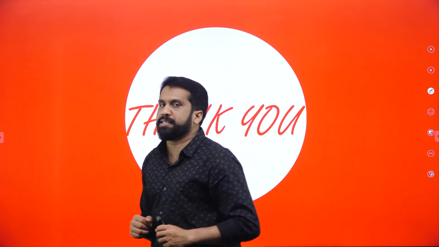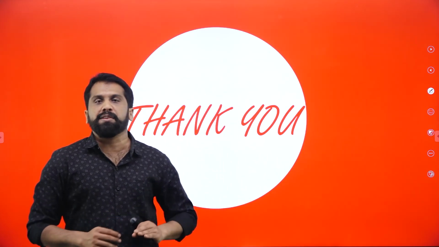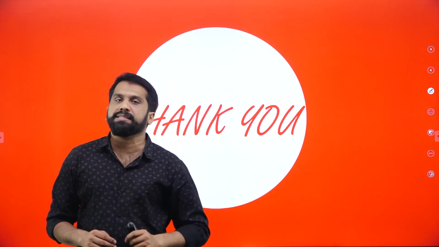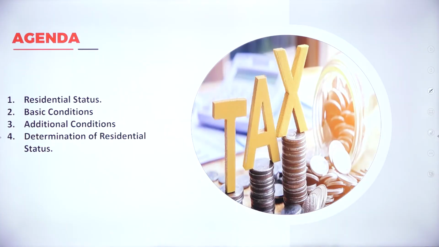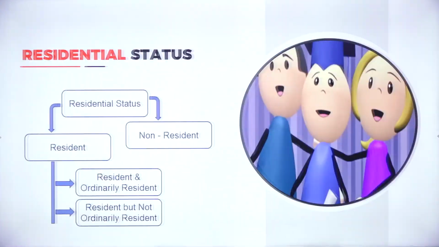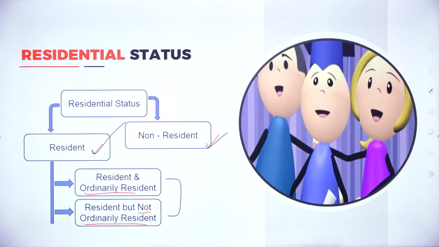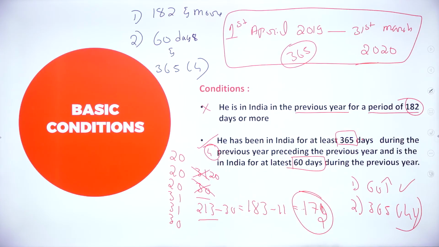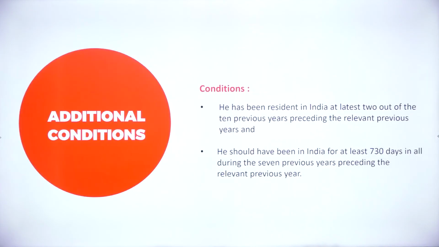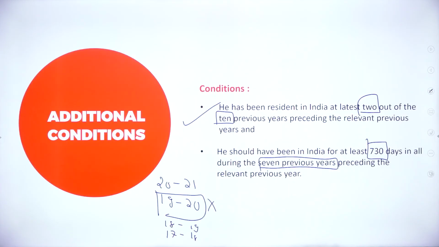So, before I say thank you, I'll go back to your previous slides. If you want to take screenshots, you can take screenshots. So, this is your today's agenda. This will be your residential status. And residential status means your basic conditions. These are the additional conditions.